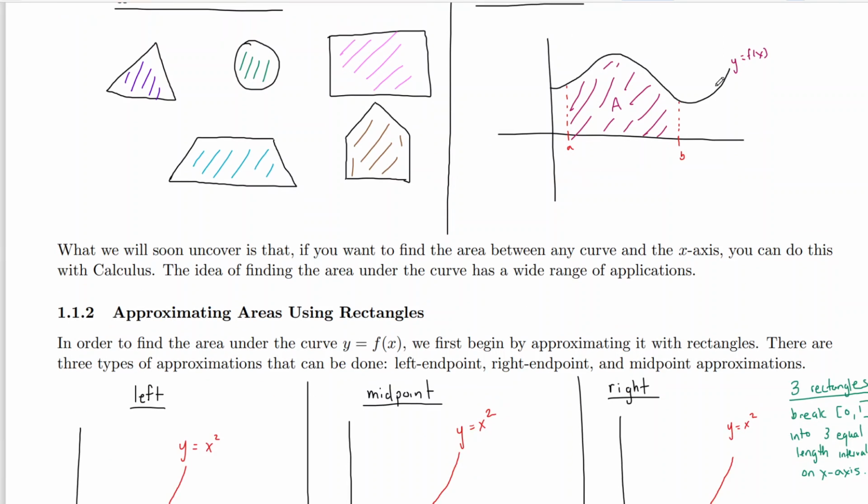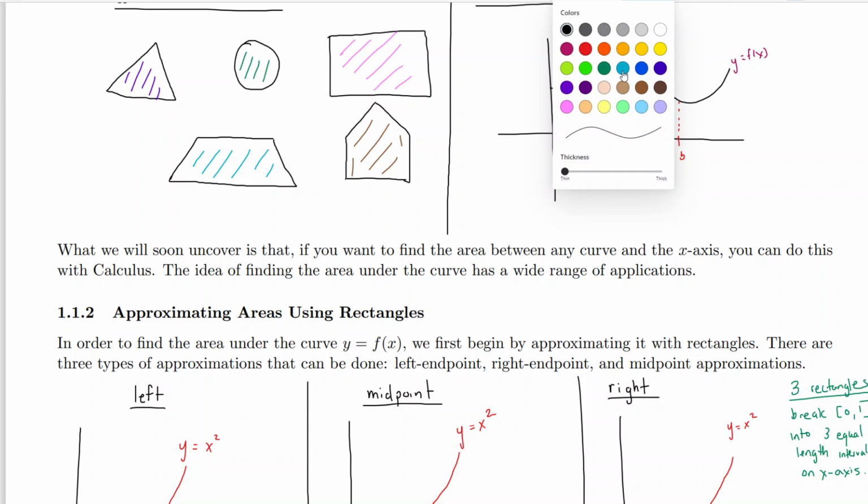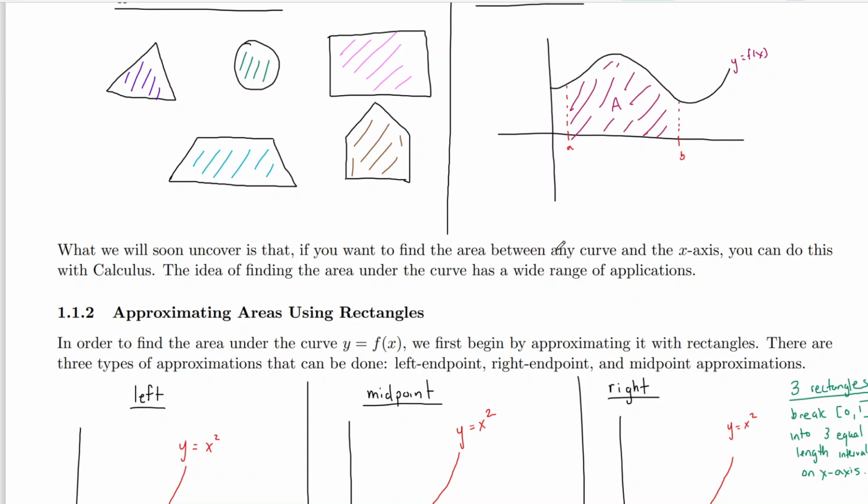Right. And one thing I already kind of mentioned, but I want to go ahead and rewrite. Oftentimes we use the words area under the curve. And when we say area under the curve, there's kind of a few assumptions we're making here. And if these assumptions are broken in future sections, then we'll adapt and learn how to actually find the area.